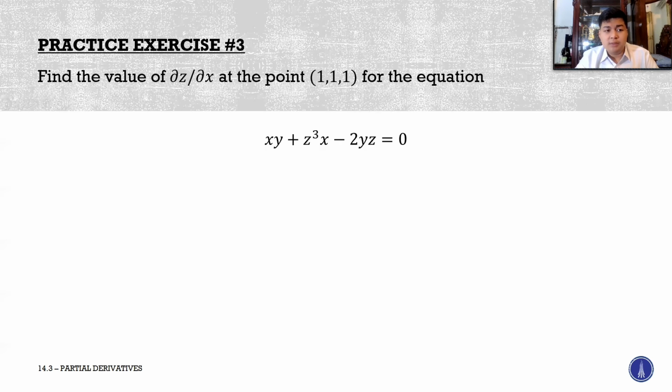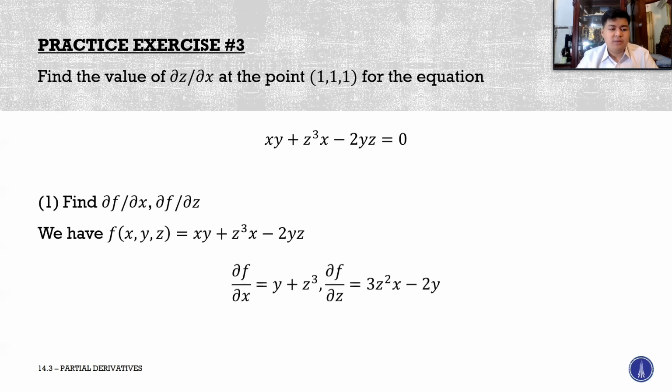Moving on to our last exercise, which is to find the value of the partial derivative of z with respect to x at the point 1, 1, 1 for the equation xy plus z cubed x minus 2yz equals 0. In this, first you need to find the partial derivative of f with respect to x and z.